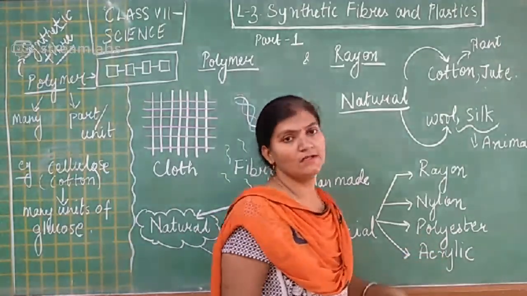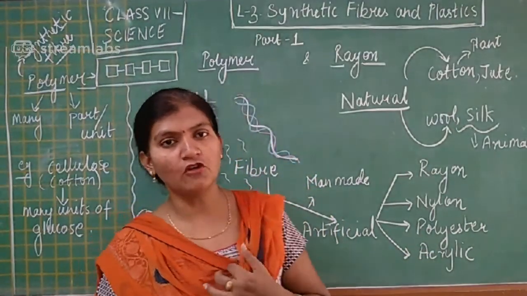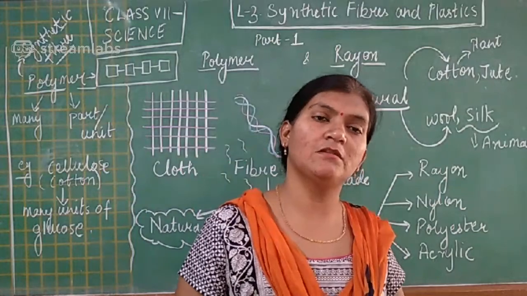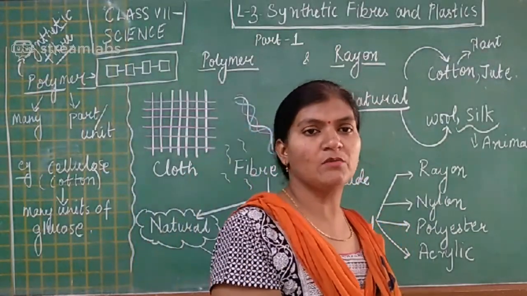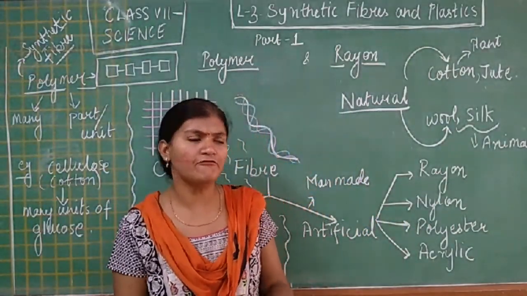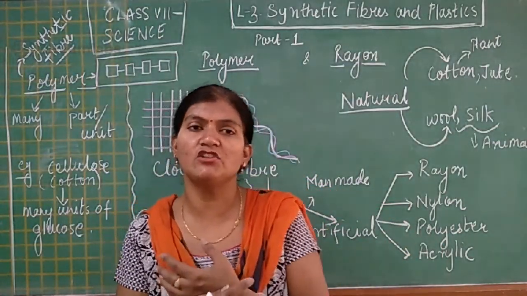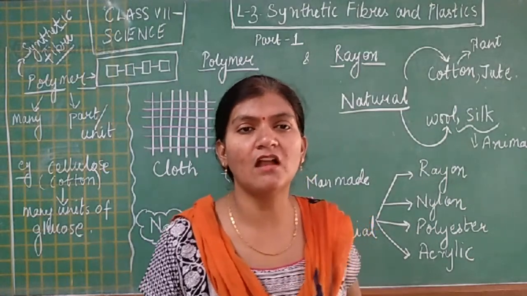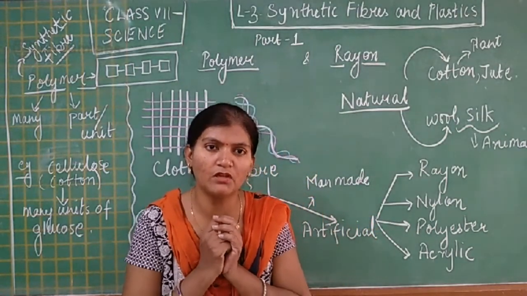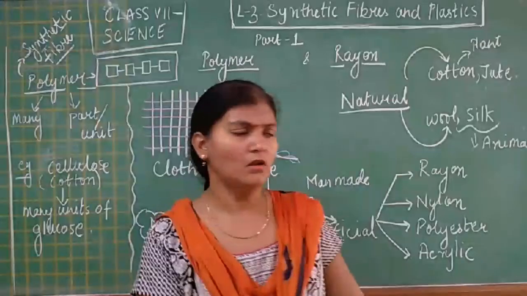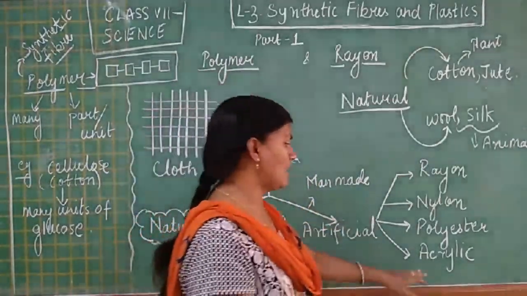The next one is polyester. After cotton, the fabric which is commonly used by all of us is polyester. It is used in a variety of ways for making a variety of fabrics: the bed sheet, the carpet, the daily wear clothes, and many more.